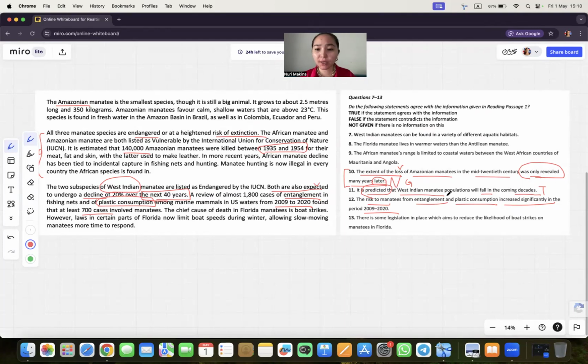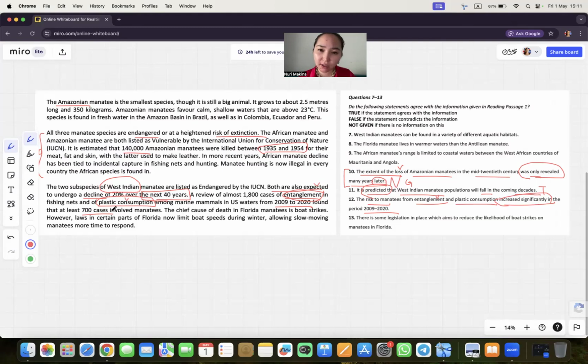Okay. So we have the word entanglement, which is here. It's not paraphrased. We just have it as a word. And plastic consumption is also here, and increased significantly. Do we have anything about that? This is the important thing we should find out. Increased significantly. So increased significantly, that at least 700 cases involved manatees increased.